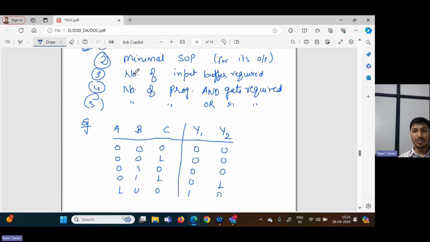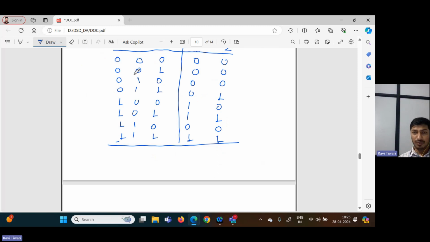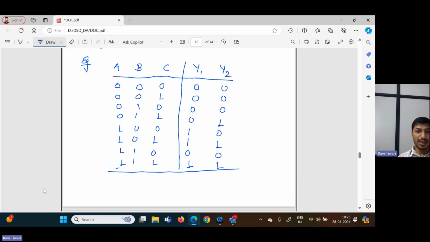The second step is to write down the minimal SOP form for its output. For example, I want to write down Y1. How can I write down Y1? Wherever its value is 1, for that we have to write down its combination. If the input is 1, that means it's a normal form, and if 0, that means it's a complement form.